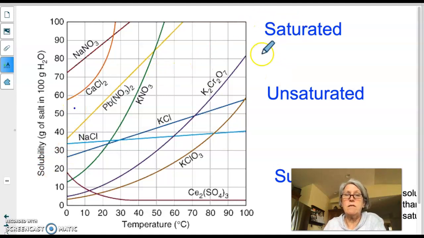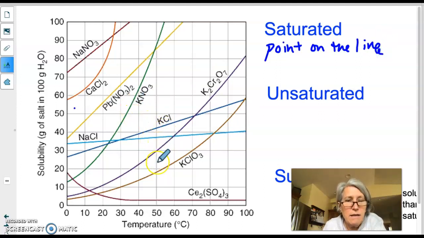So if I look at 50 degrees, right at this point, I can say I can put in 30 grams of potassium dichromate at 50 degrees of temperature.